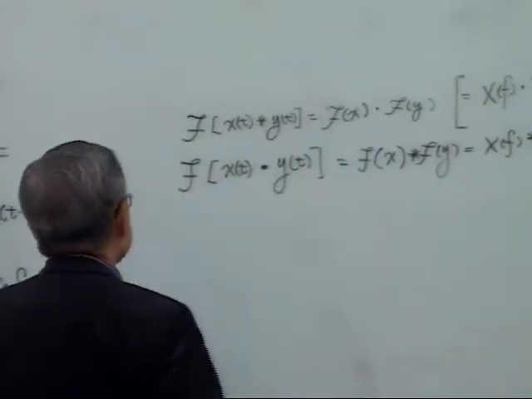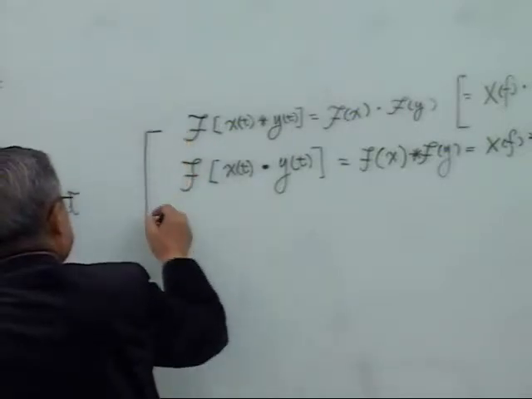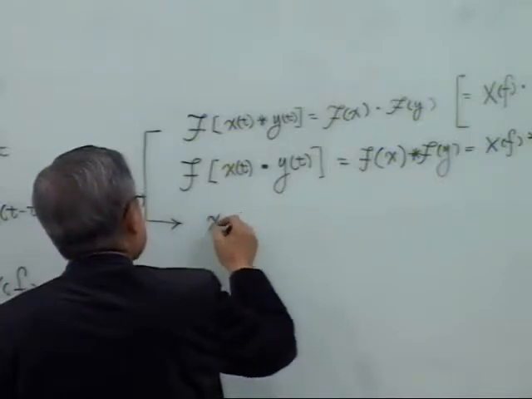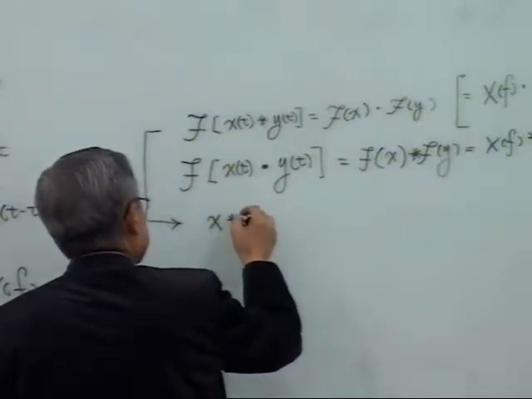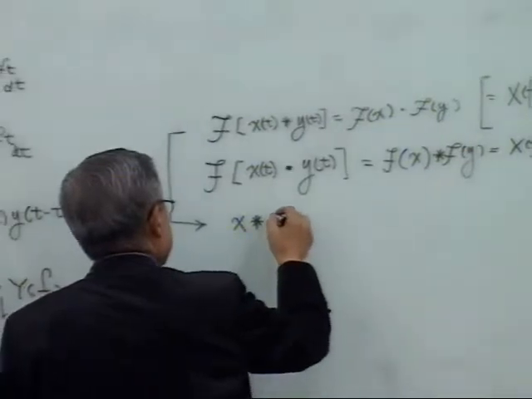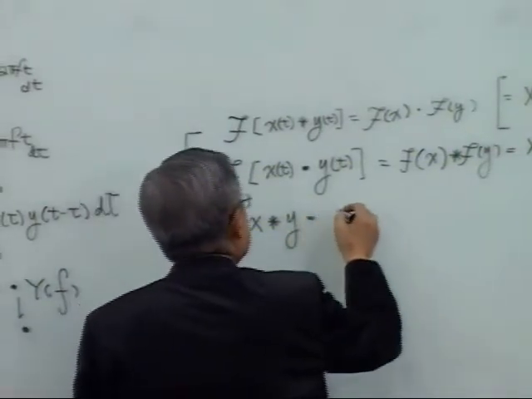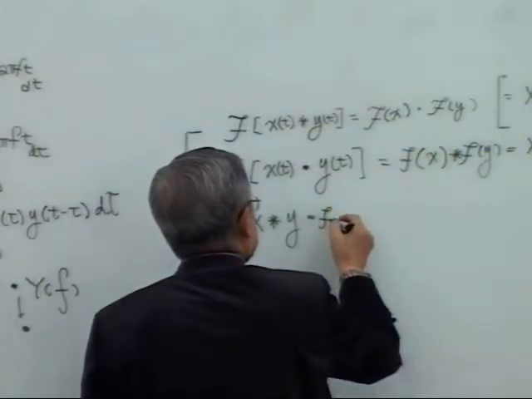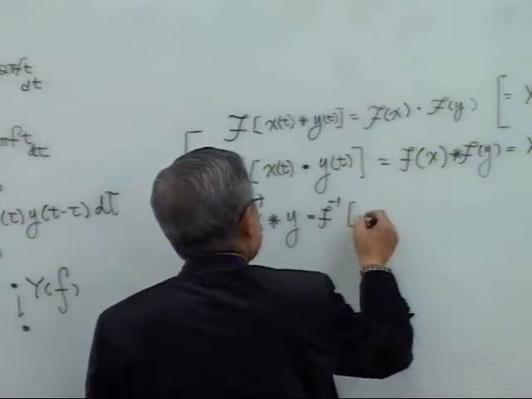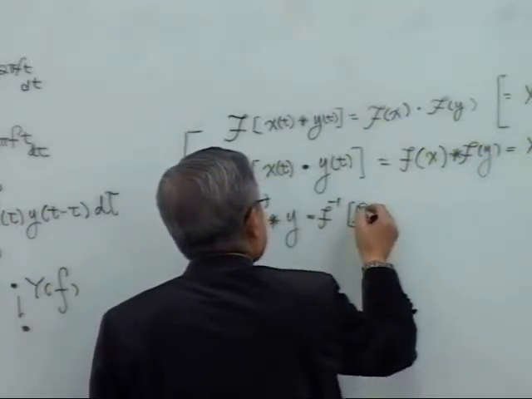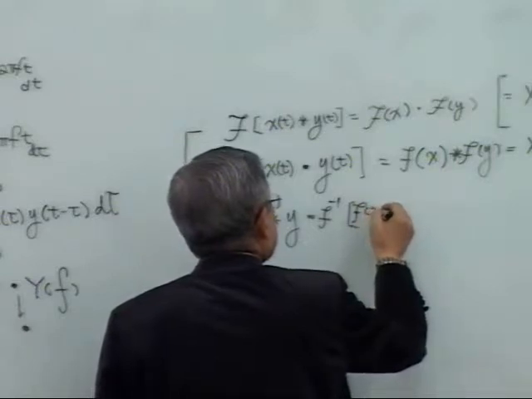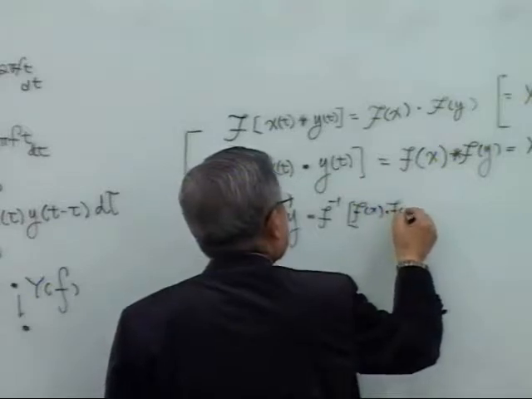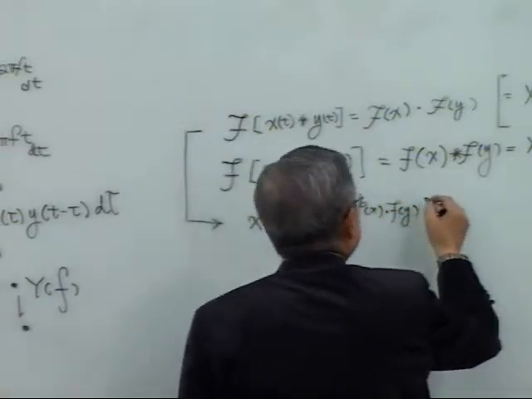And of course, if you look at from here, then I can say x can drop the t and f, y is the inverse Fourier transform, the one with minus 1. You can read this.